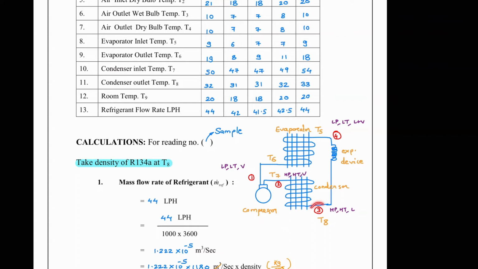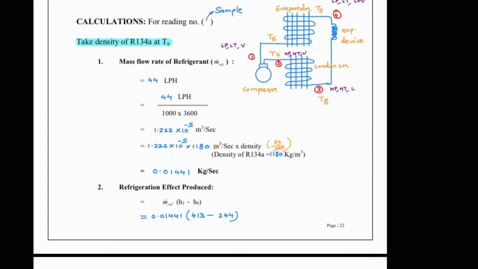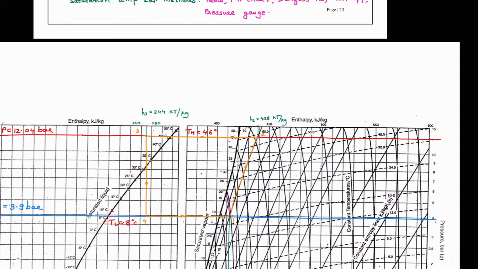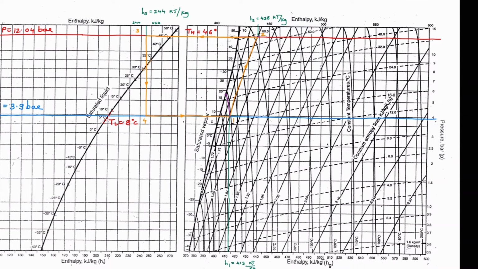So this point number 3 we denote as T8. What is that T8? Condenser outlet. It is 32. So we'll see the pH diagram now. This point temperature is 46 degrees Celsius. And if you see this curve, on this curve you have to locate the temperature we just saw, which is 32. Here you can see this is 30 and this is 35.